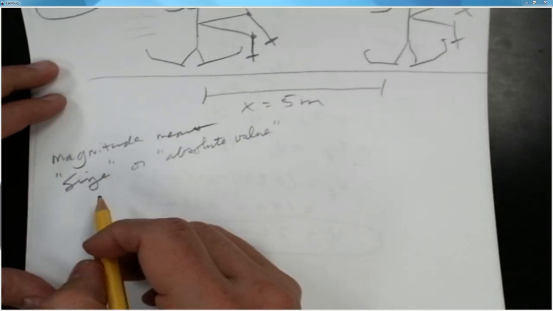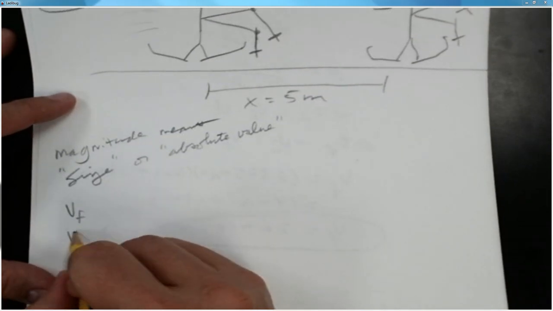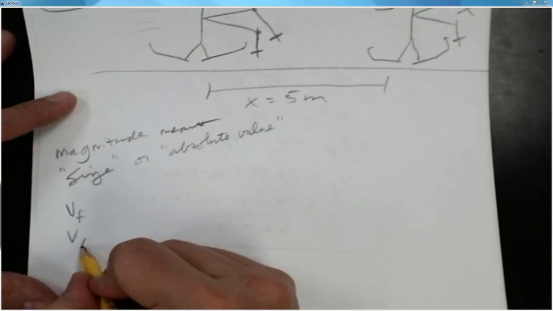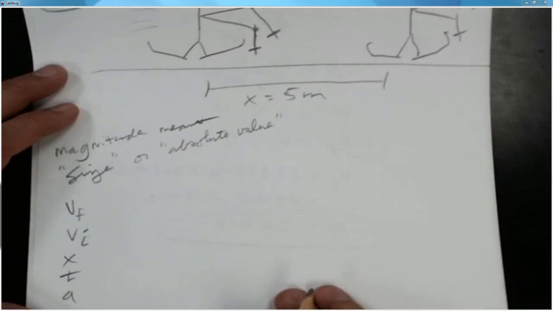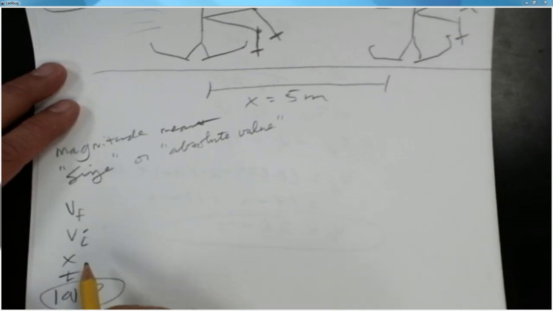Let's write down our 5 kinematic variables. They are VF, VI, X, T, and A. I do not know A, and actually I want to know the absolute value of A, so I'm going to circle that.